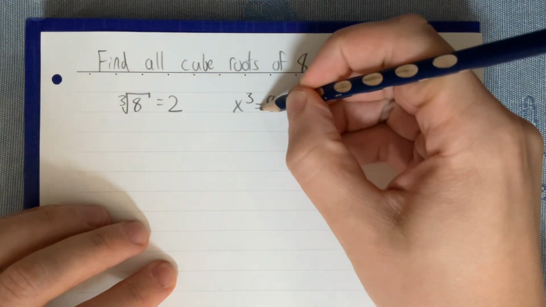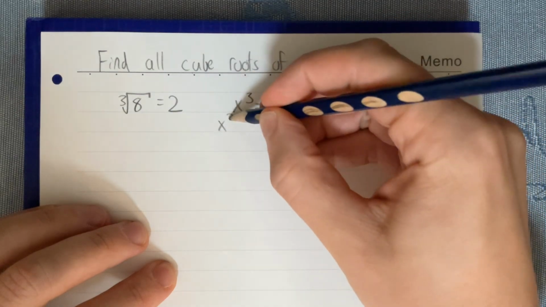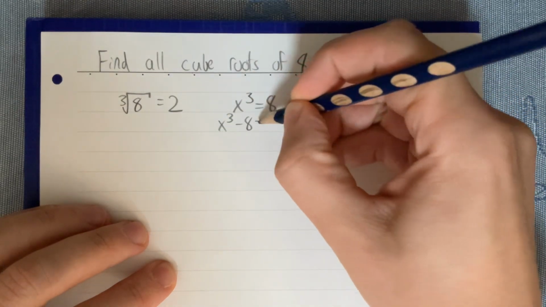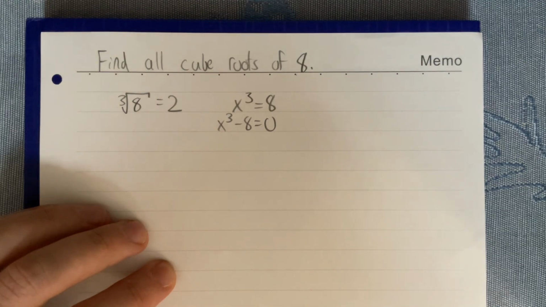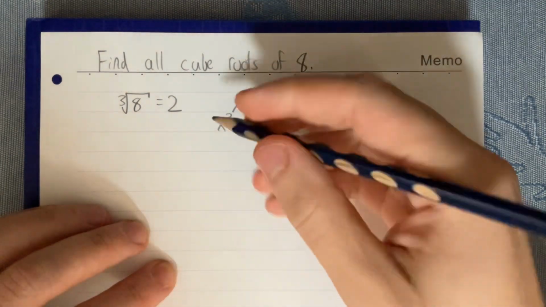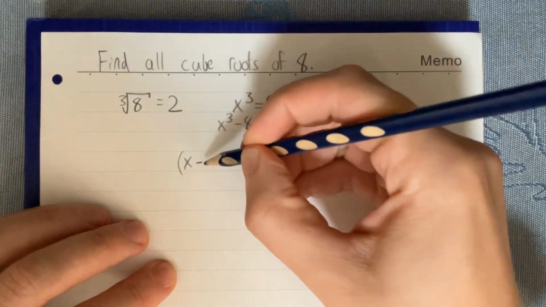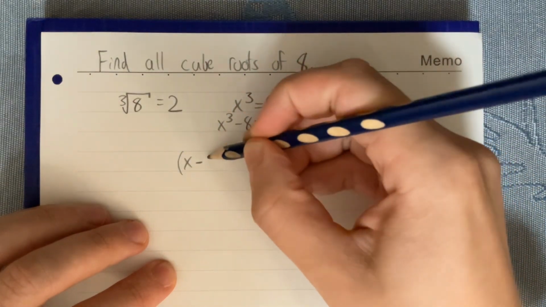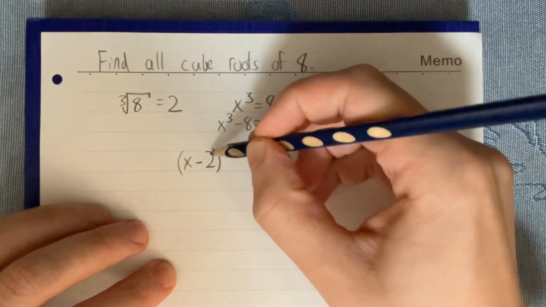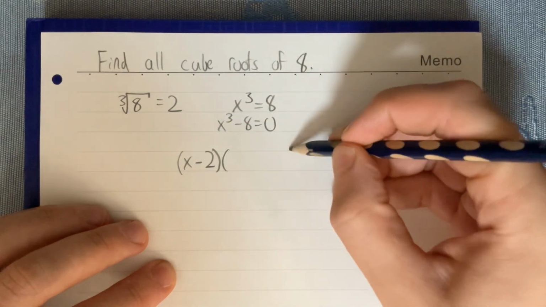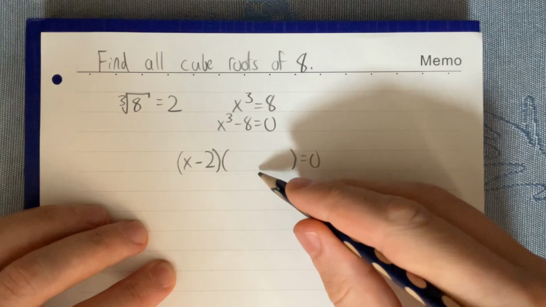Instead of just treating it like this, we can subtract 8 from both sides, and think of this like a cubic equation that's going to have 3 roots. We know one of the roots or zeros is 2, so we can factor this into x minus 2 times something else.